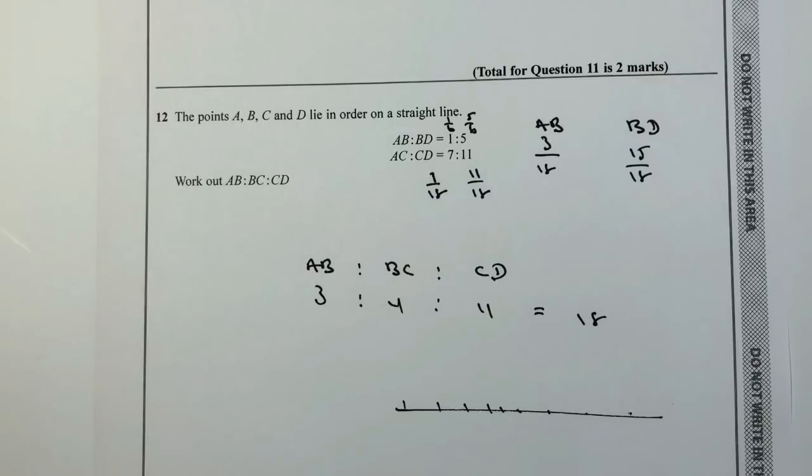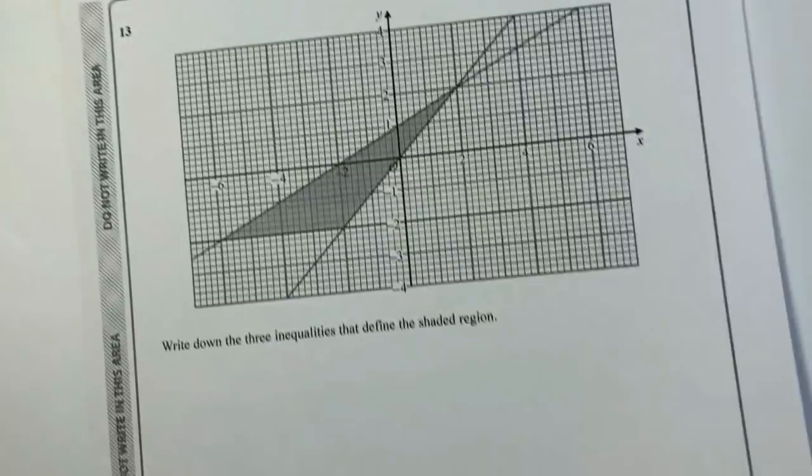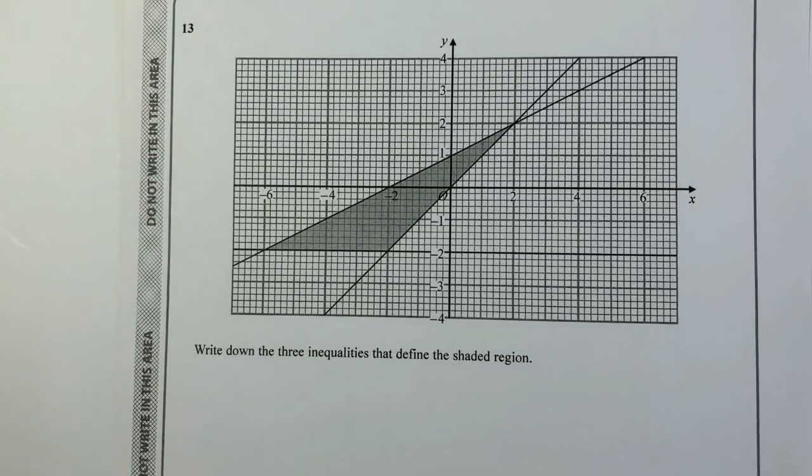Let's move on then to question number 13, and question number 13 deals with inequalities. With inequalities, what we've got to do is use this information to write down the 3 inequalities defined by the shaded region. Let's have a look at that then.